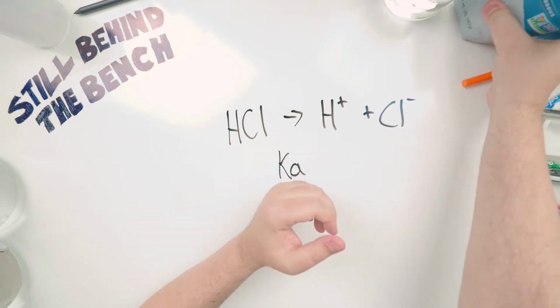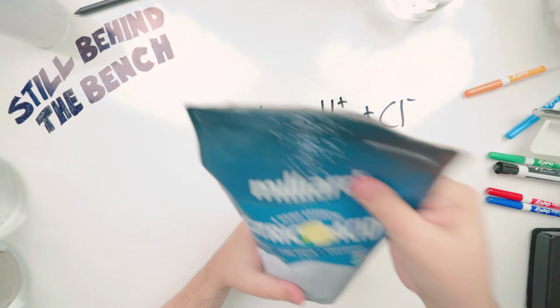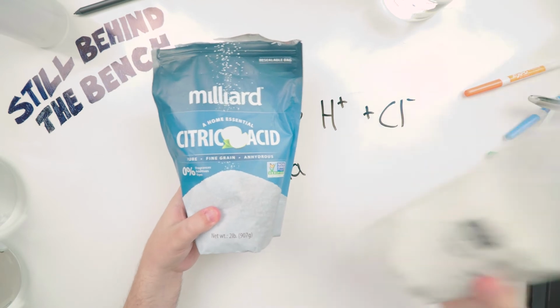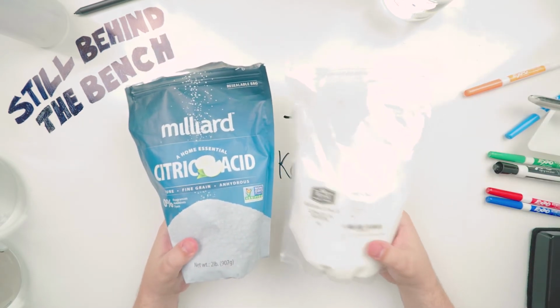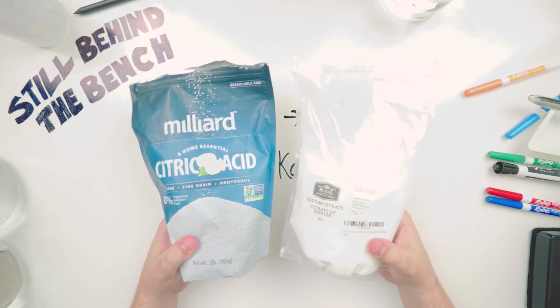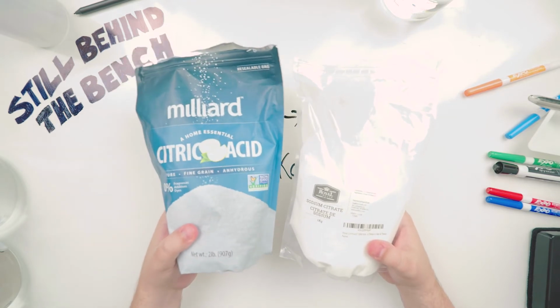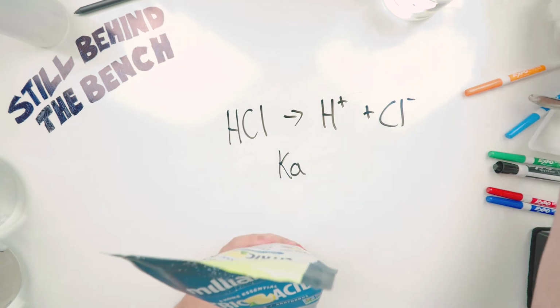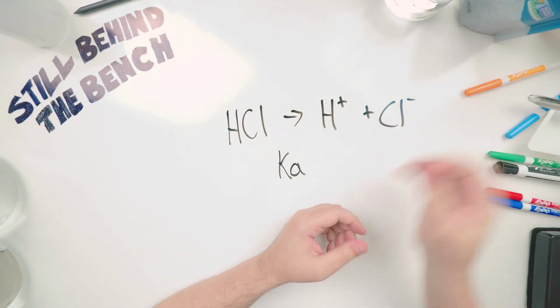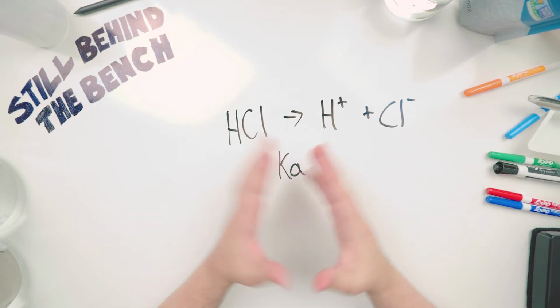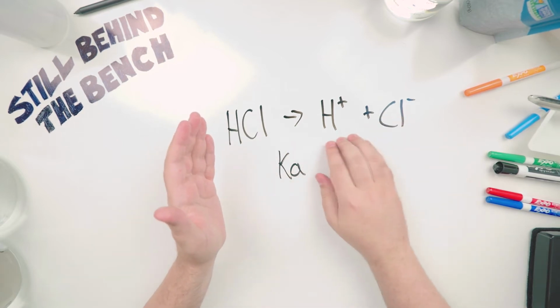So an example of a weak acid and its conjugate base is citric acid and sodium citrate. This sodium citrate could have been created by a reaction of the citric acid with a base like sodium hydroxide. So this weak acid will dissociate some amount, releasing hydrogen ions.